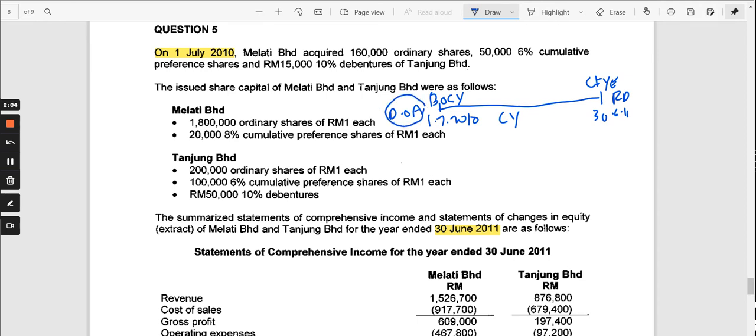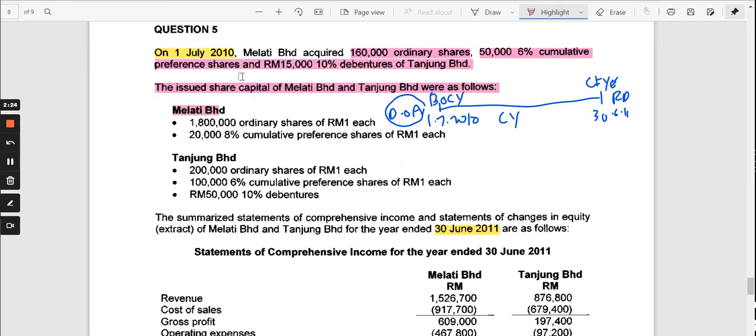And this is our date of acquisition. The company that acquired is Melati, and it acquired the ordinary shares, as well as 50,000 6% cumulative preference shares.